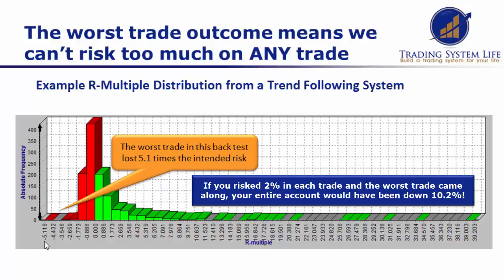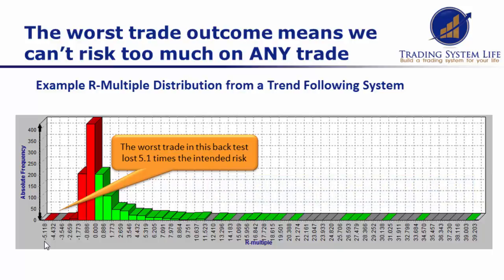Now, I don't know about you, but I want to make sure that my account isn't so sensitive or volatile to any one trade outcome. A single trade losing 10.2%, especially when I know that trade is there in the backtest and therefore potentially might come along again in the future, to me that's an unacceptable risk.